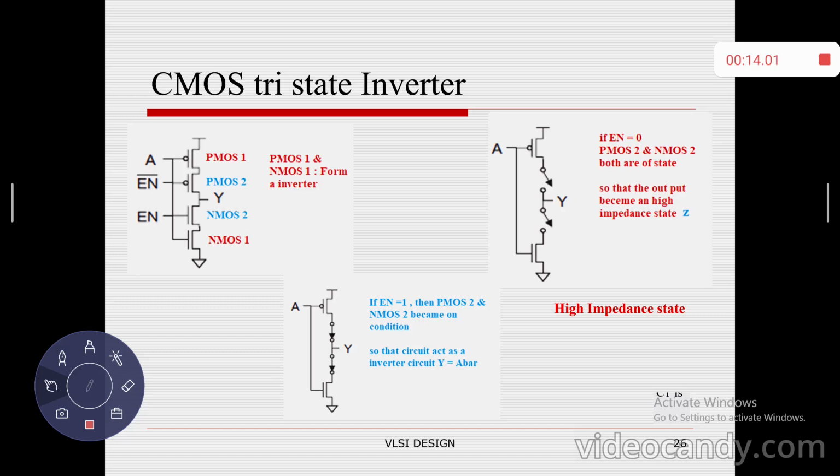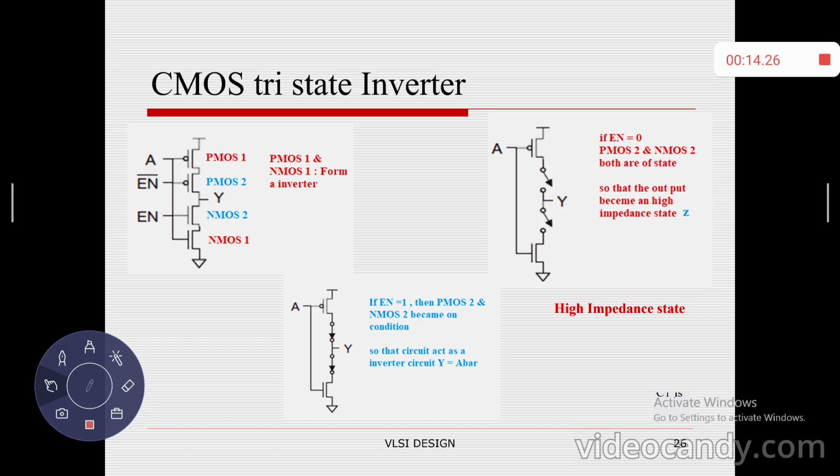The high impedance state occurs when the enable line equals 0: PMOS 2 and NMOS 2 are both off. So the input is not connected to the output, and there is no inverting operation, since the output should not stay at the VDD level or be connected to the VSS level. This is called a high impedance state.